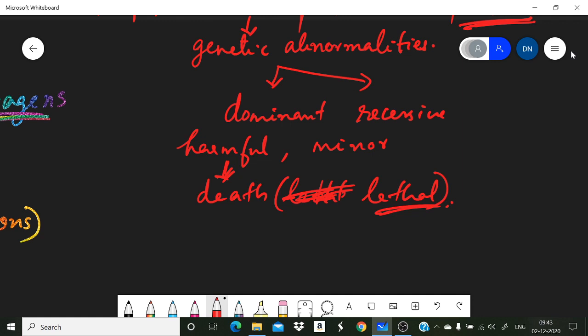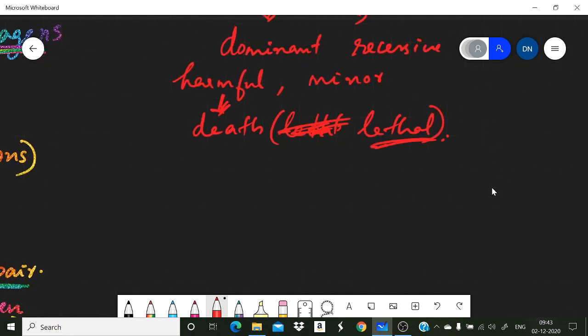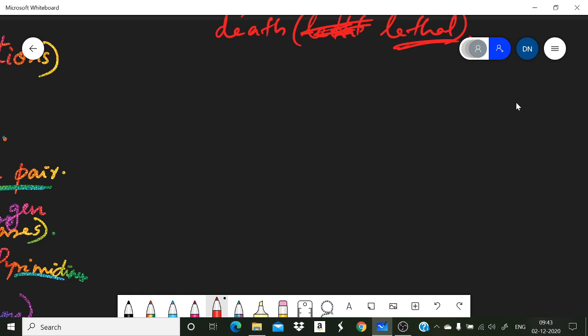So the genetic disorders can be grouped into two categories. They are Mendelian disorders and chromosomal disorders.